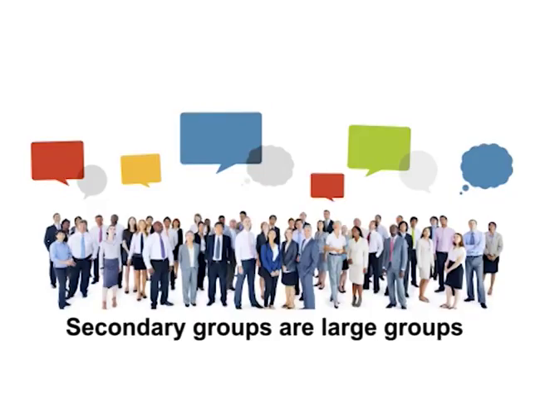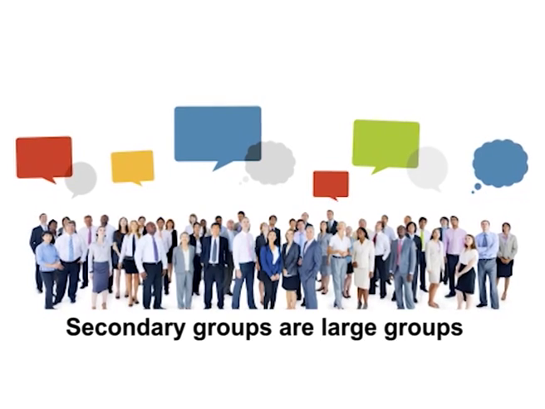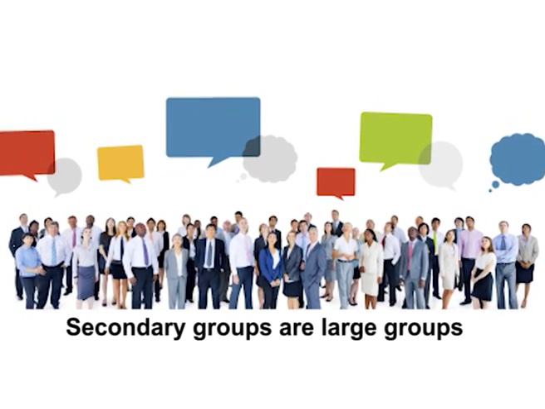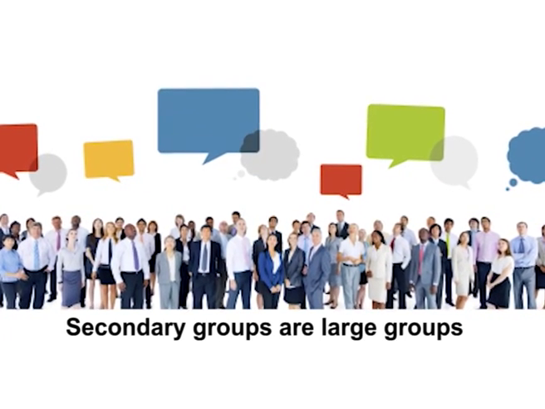Secondary groups are large groups whose relationships are impersonal and goal-oriented. Their relationships are temporary. People in a secondary group interact on a less personal level than in a primary group, and their relationships are generally temporary rather than long-lasting.